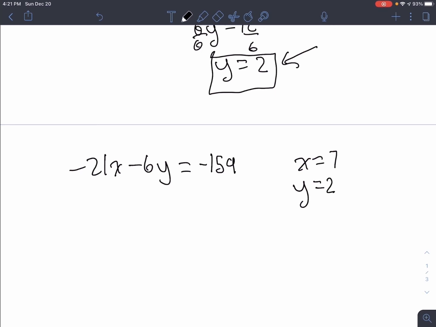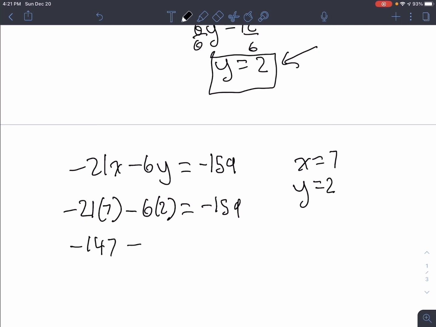We substitute 7 for x and 2 for y, to get negative 159. So let's simplify this. Negative 21 times 7 is equal to negative 147, minus 6 times 2, which is 12.